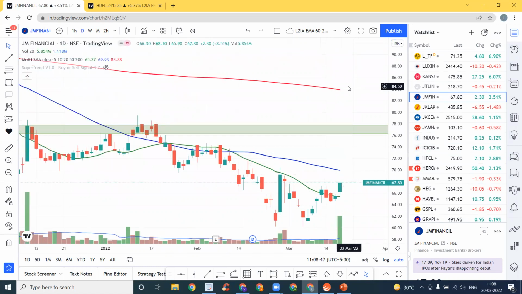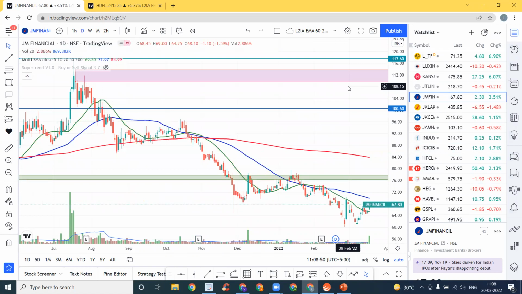So against my capital gains, I have removed this stock at a loss of some 20,000, 30,000, and I will be entering some other stocks. The reason is this stock will take another 3-6 months to come up. I don't know how many months, but it will take 6 months for sure, 3 to 6 months, unless there is some major change in the financial structure of the stock.